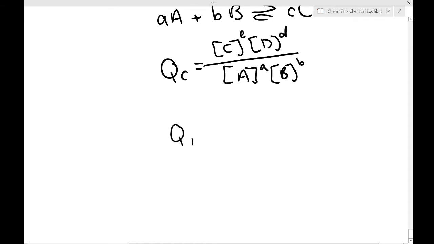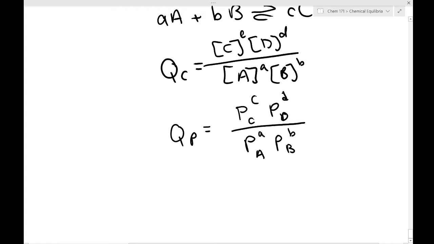And you can also define Qp for gaseous reactions, which is the product of the partial pressures of the products divided by the product of the partial pressures of the reactants raised to their stoichiometric coefficients.